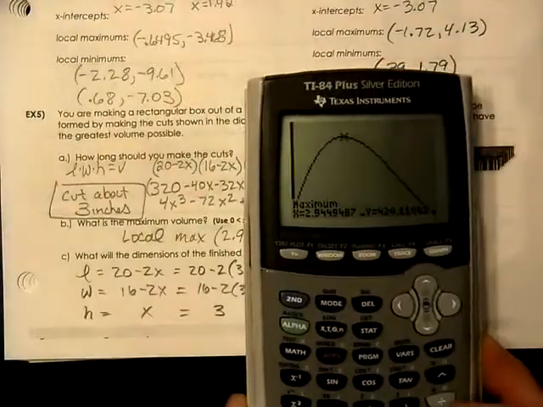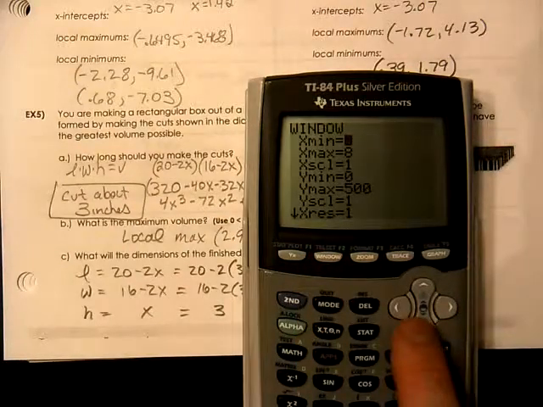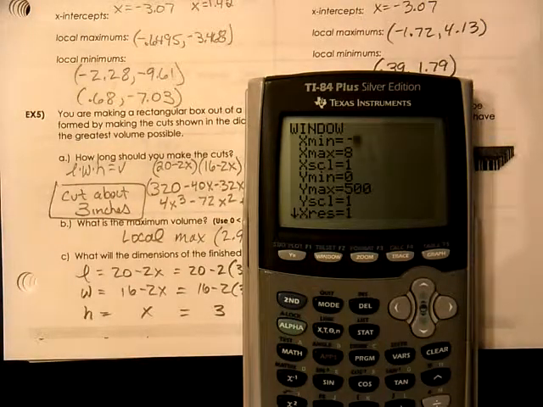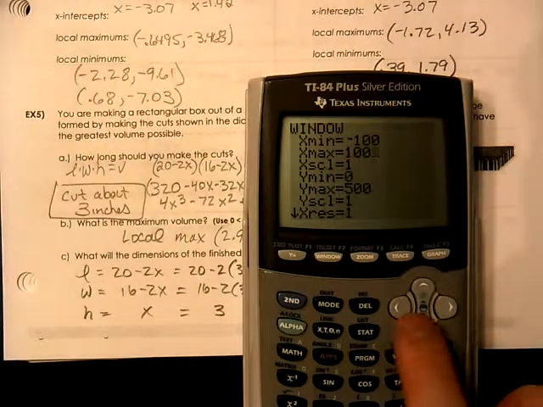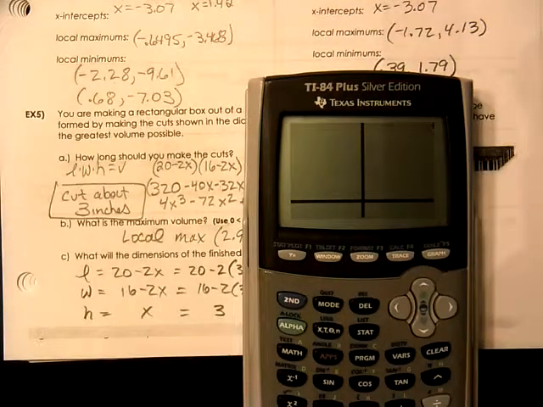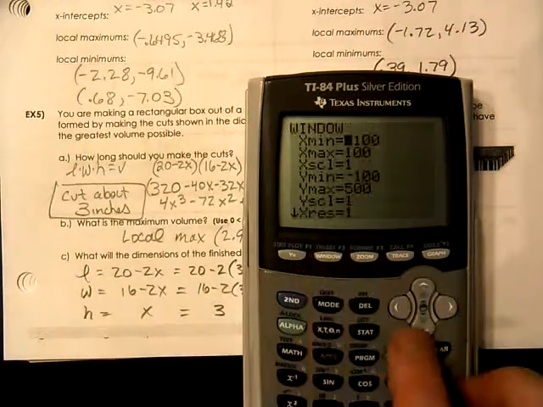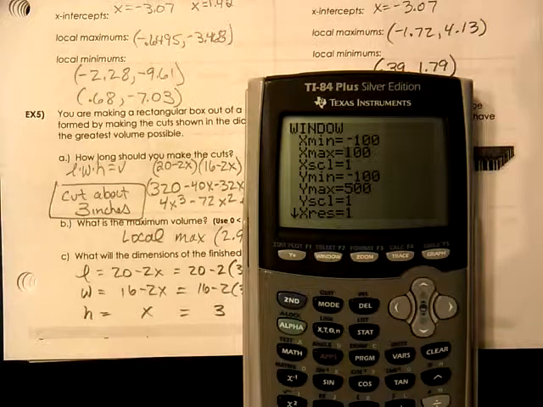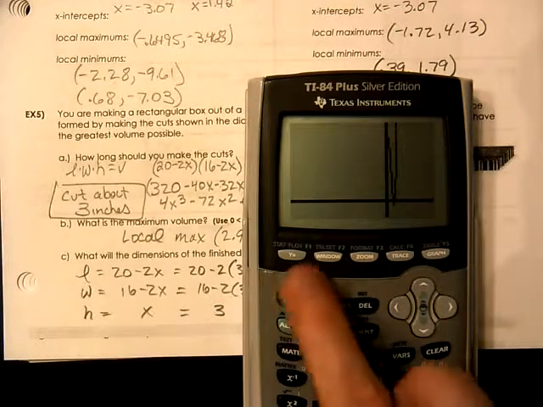If you come back and look at your graph, if you take your window, now let's look a little bit farther. Let's look to the left, 100. Let's look to the right, 100. Let's look down, negative 100. See if we can see more of our graph this time. So you see we're really zoomed in. So let's bring that way back. Just trying to give you more of a picture of what's happening with this.